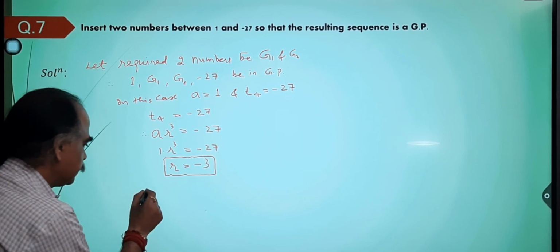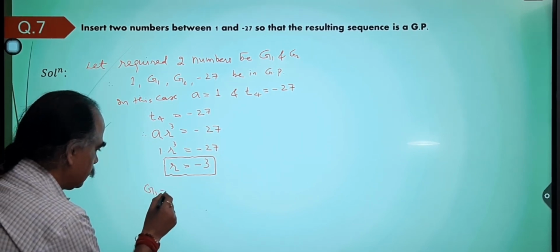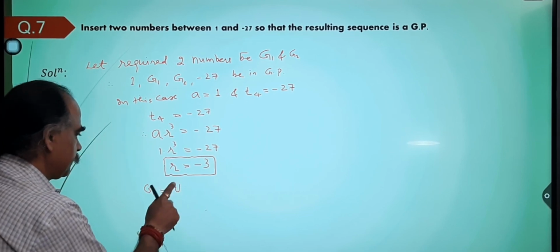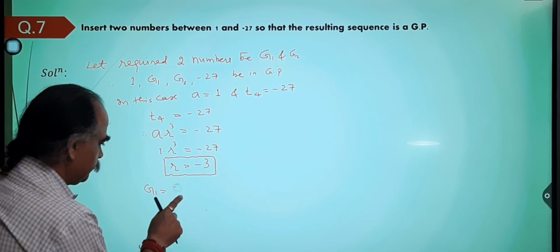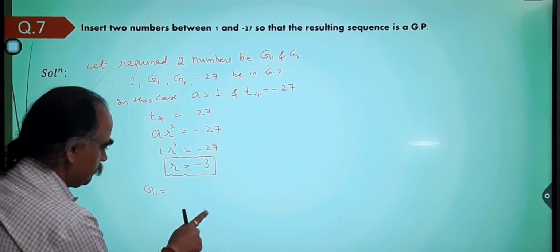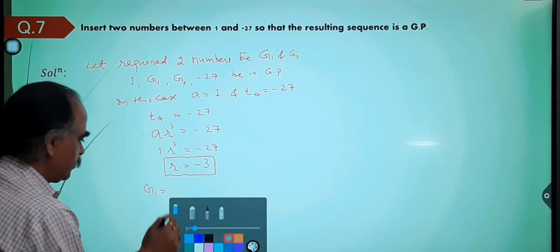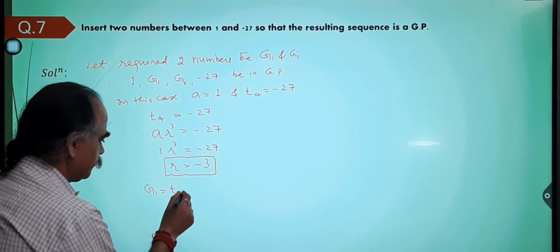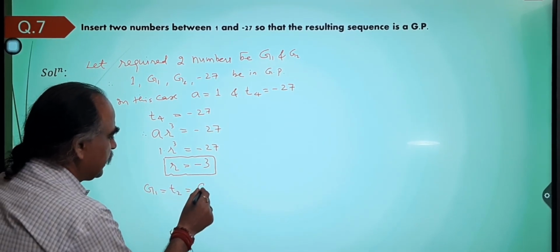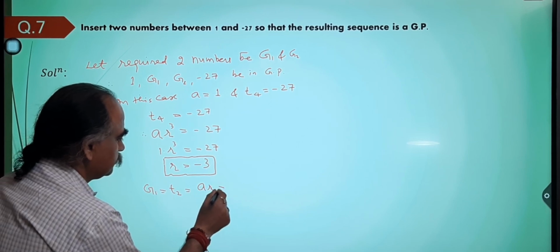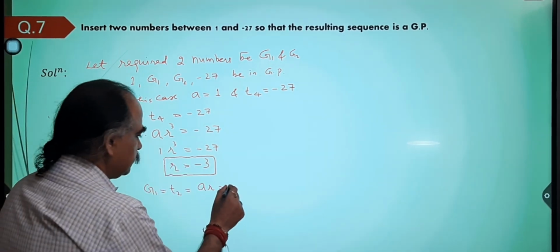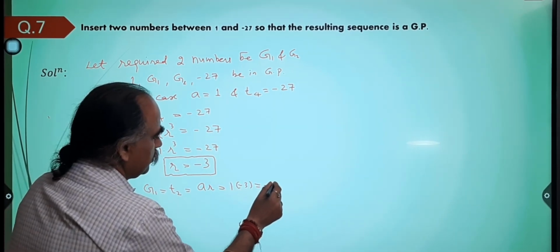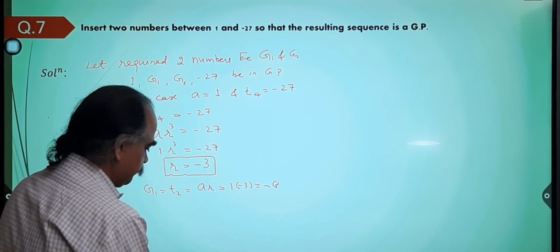Now G1 is what? G1 is nothing but the second term. And second term is A into R. A is 1 into minus 3 is equal to minus 3.